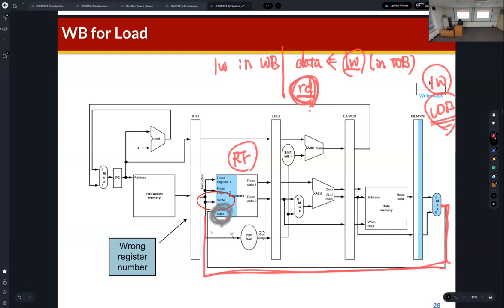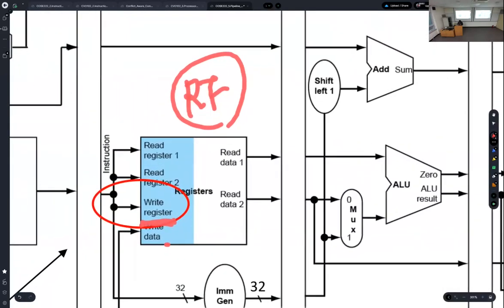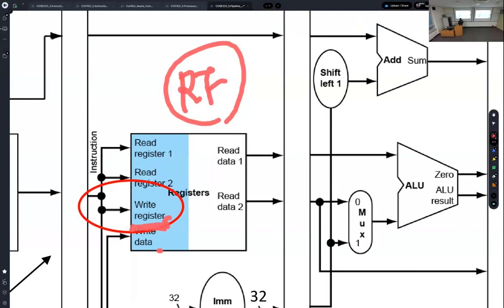If you see the write register port here, it's small actually, then you can find that this instruction is connected to the right register port of the register file.